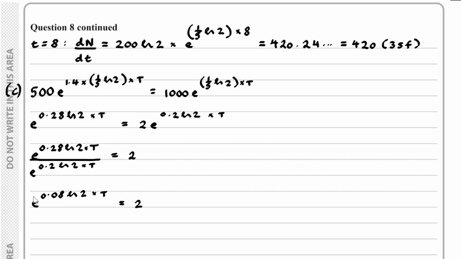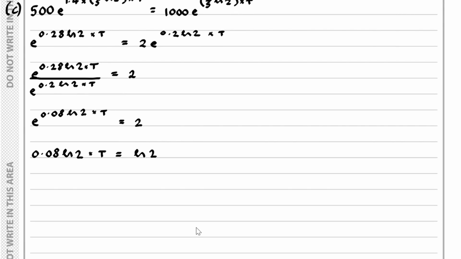And if we now take the natural log of both sides, we have 0.08 times the natural log of 2 times t equals natural log of 2. So what we need to do is find out what t is. t is equal to natural log of 2 over 0.08 times the natural log of 2.